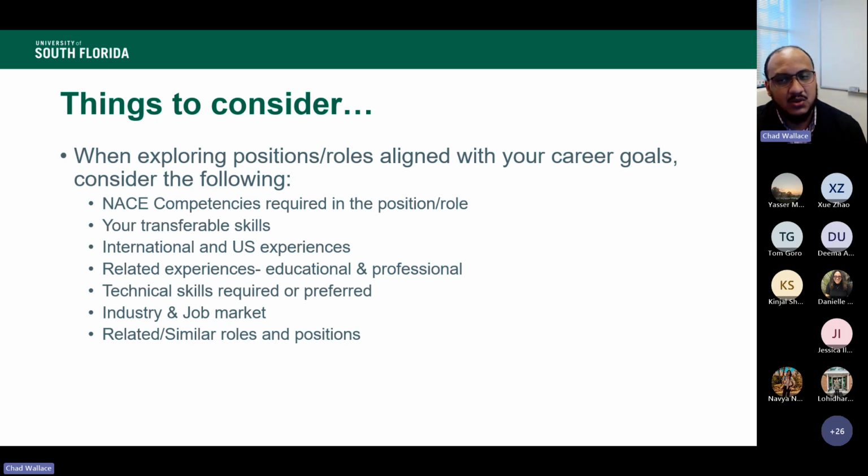Then start thinking about those niche competencies. Obviously, start searching the positions and roles and have an understanding of what they are about. But then start thinking, what are the niche competencies needed for these roles? Be able to define exactly what those niche competencies are. And you will see those things in job descriptions.